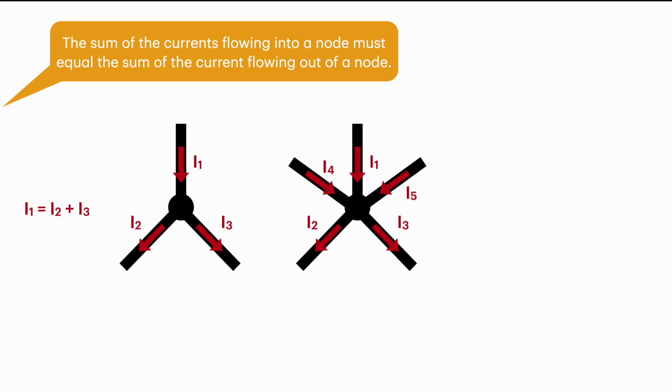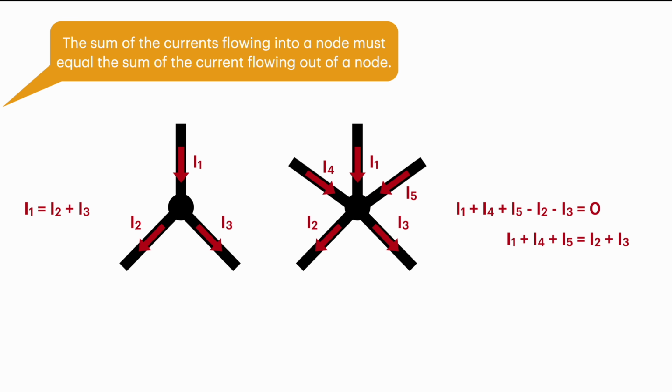So what you actually do as a first step is you say, okay, I1 plus I4 plus I5, so all the currents flowing into the node, minus all the currents flowing out of the node, minus I2 minus I3, must equal zero. And from there on, you can obviously easily bring the negative currents to the right hand side by just adding I2 and I3, and then you have the currents in balance.